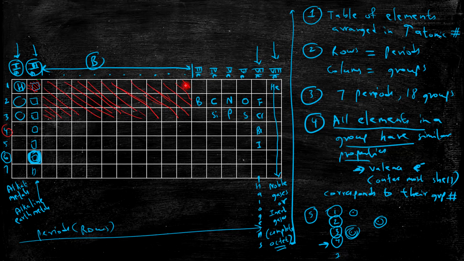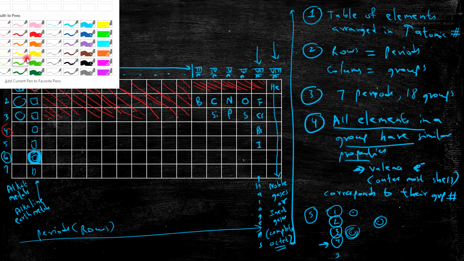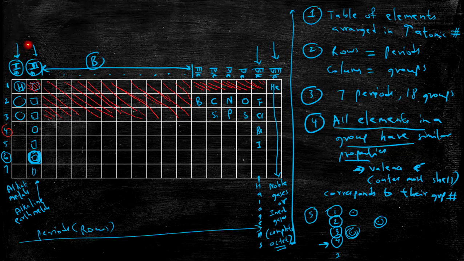And similarly, in the first period there are only 2 elements, which are hydrogen and helium, so there is nothing here. So if I have to draw the outline, to make it a little more perfect, I would have drawn the outline in this manner.